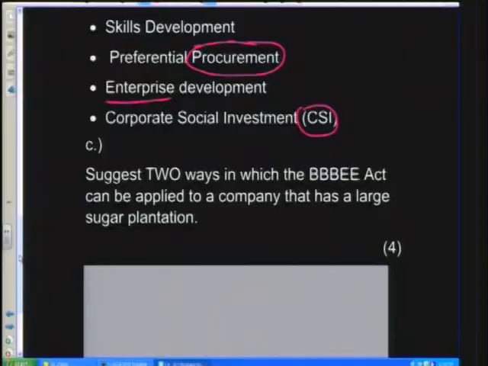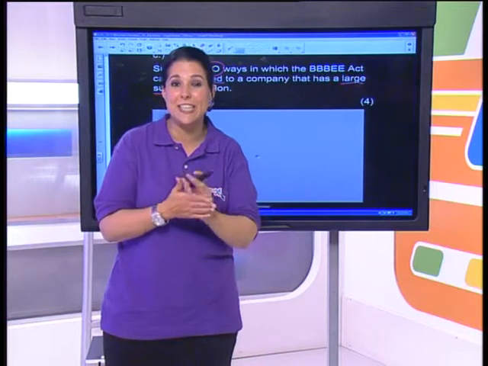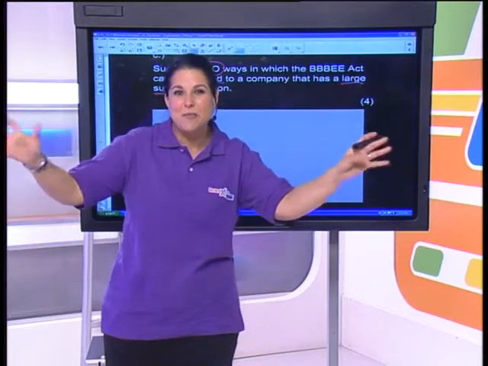Now, what are we going to say for number C? Suggest two ways in which the BBBEE Act can be applied to a company that has a large sugar plantation. Now think about it. For those of you that live in KwaZulu-Natal, you've got all those lovely sugar plantations.